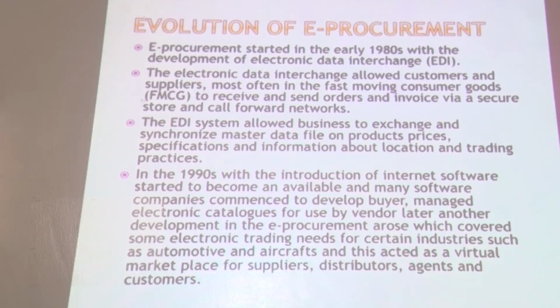In the 1990s, the introduction of internet software started to become available, and many software companies came up to develop various softwares that allowed vendors to be able to link their products and their electronic catalog. So suppliers were able to come up with various catalogs that ensured even the customers were able to know what they were really distributing and what they were really selling.